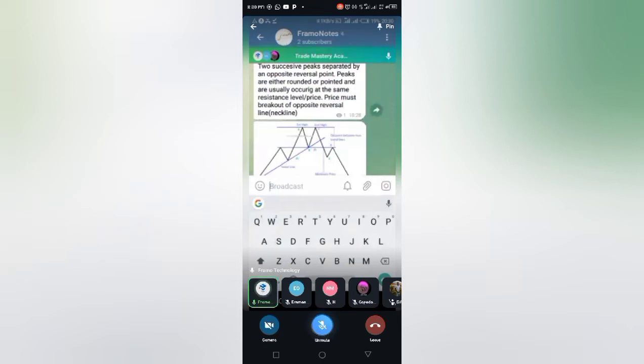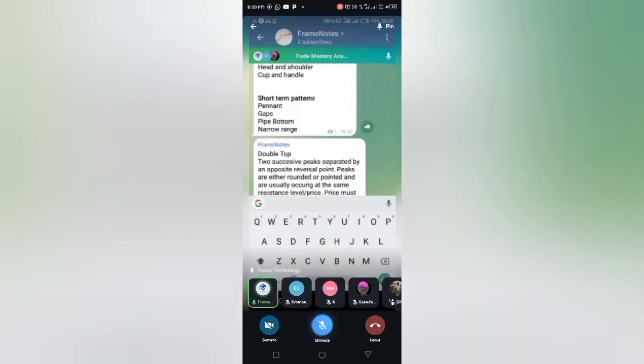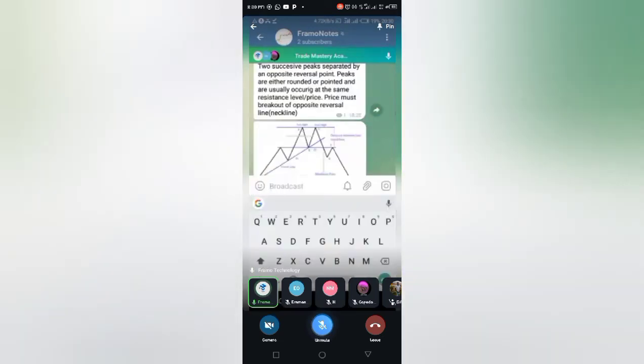Now, after we get that pattern, we have other patterns too that will continue a trend. They will not reverse the trend. They will continue the trend. So we have continuation patterns, then we have reversal patterns. But generally we are looking for bullish and bearish patterns.